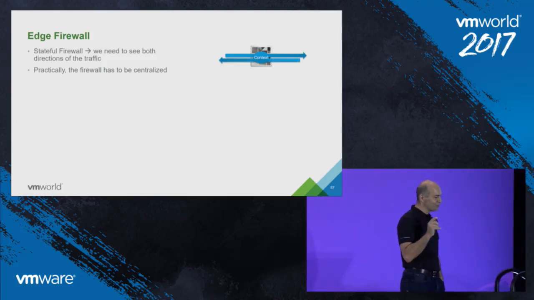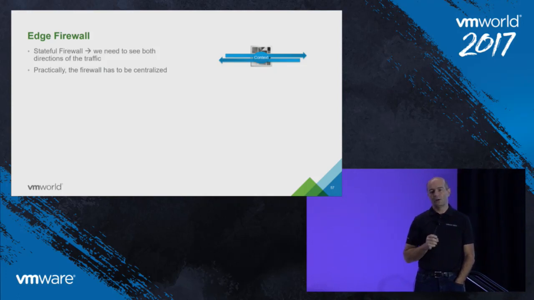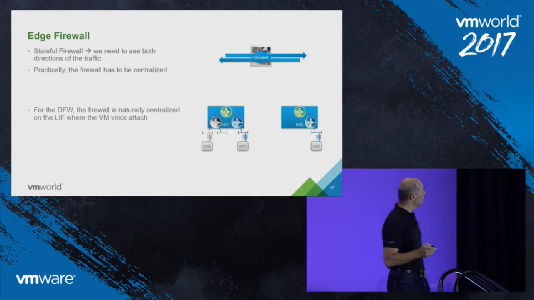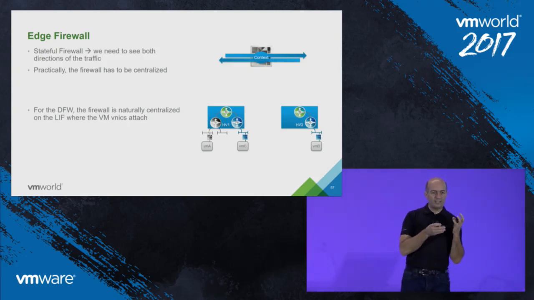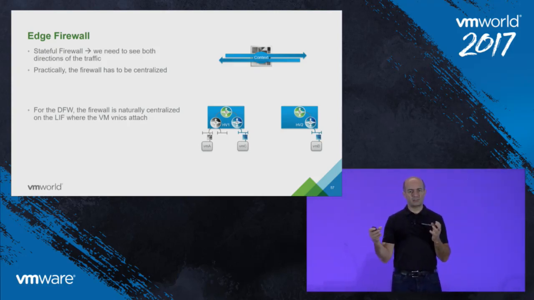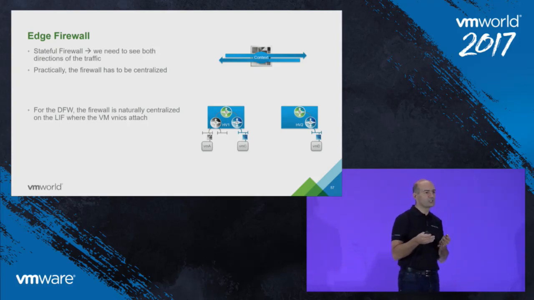That's the edge firewall. You remember the one that is applied on the uplink of a router. So the firewall is naturally centralized because we want to maintain some context for the traffic. So we want to see traffic both ways, so we need to put the firewall in a location that sees the traffic both ways.